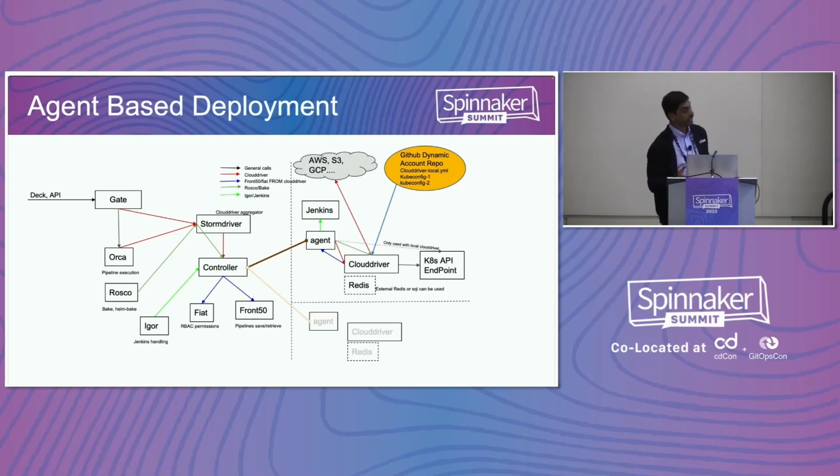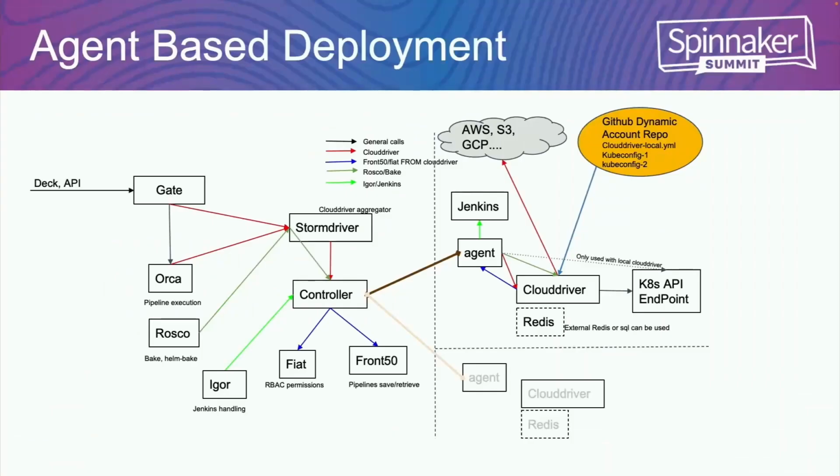And now you have a list of the entire accounts, and also with their RBAC, for anyone who wants to deploy, the Spinnaker RBAC with Fiat is still valid. And so you see here the paths with different color-coded pictures that allow you to see how the communication paths are. So it's not just the cloud driver. You can see Igor trying to talk to Jenkins.